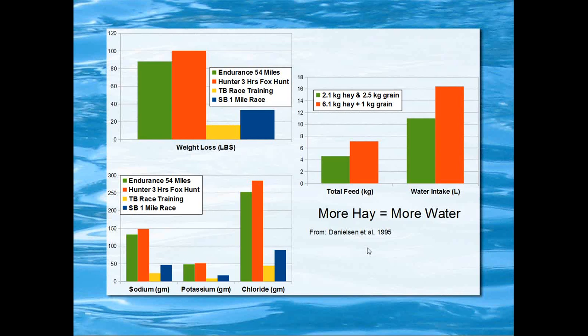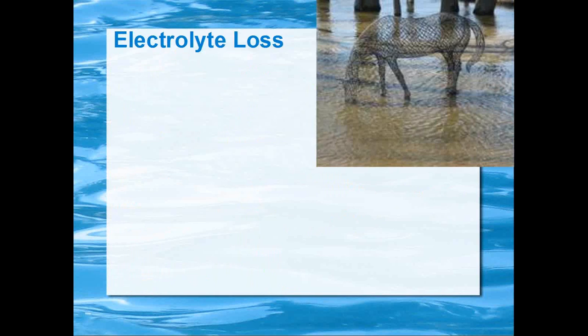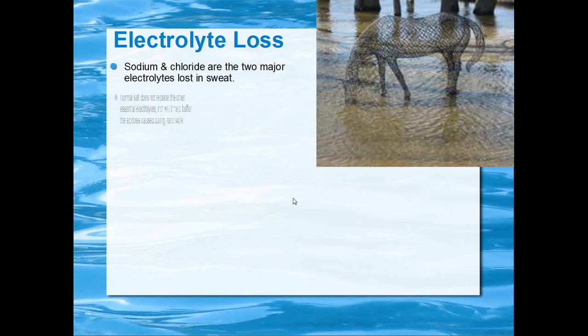So when it comes to reducing the chances of dehydration, we really need to take in all those possibilities to maintain or get the horse well hydrated before we put it into a situation where we're going to lose a lot of water.